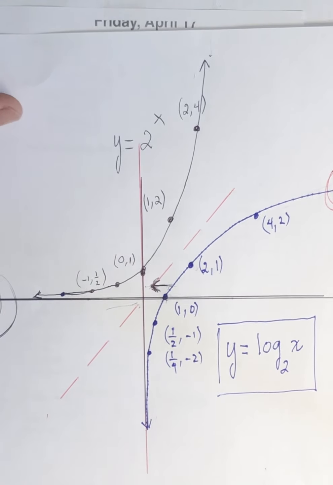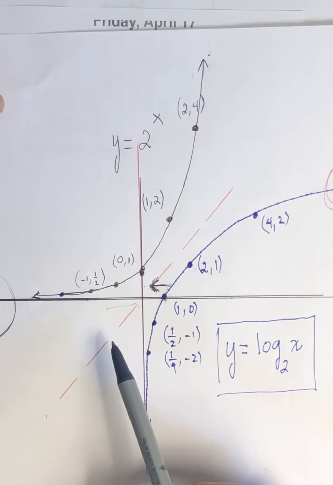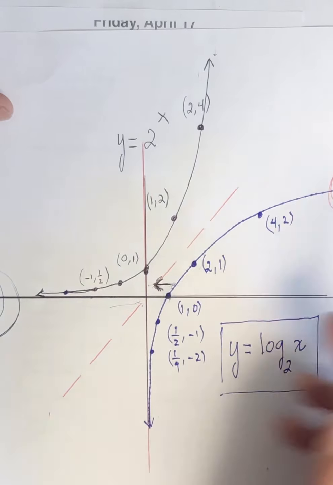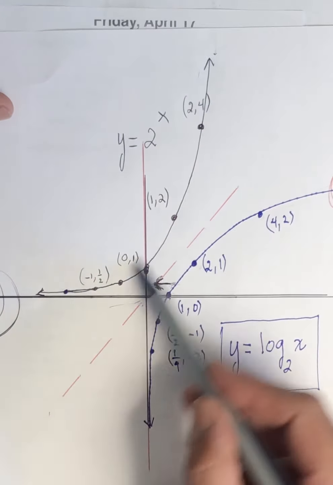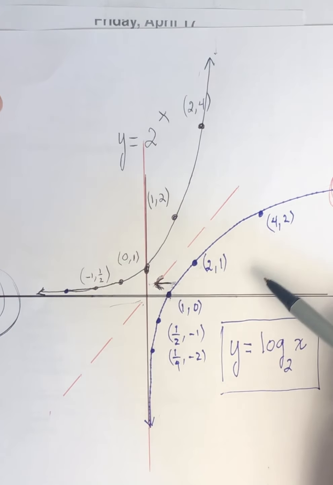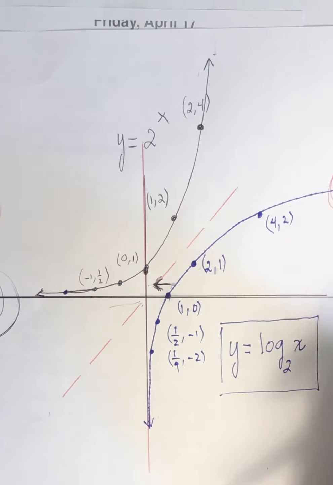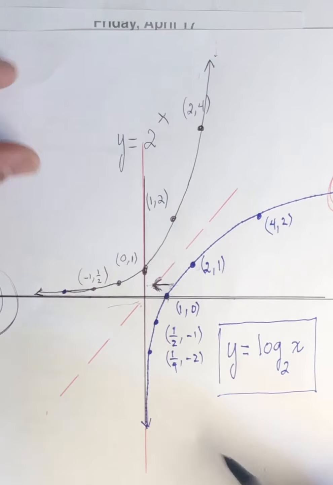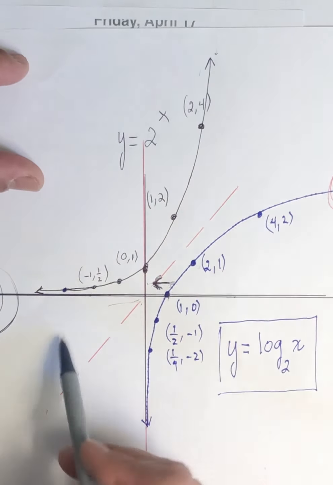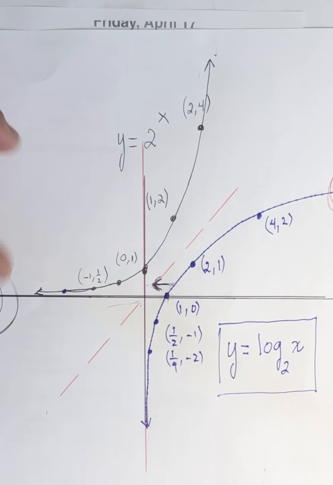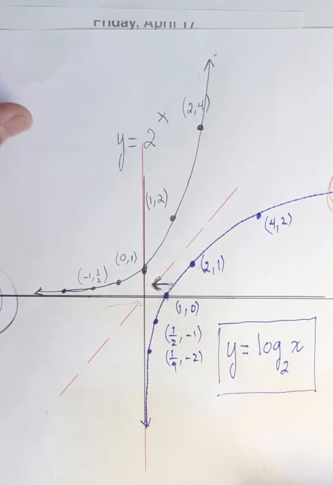The direction of the graph, both the exponential curve and the logarithmic curve, as we go from left to right, they both go up. They both rise. That means that both functions are always increasing. Now, I can say always increasing, but that comes with a little caveat. The logarithmic function is not defined for negative values of x. So when I say always increasing, it might be a little confusing to the reader.